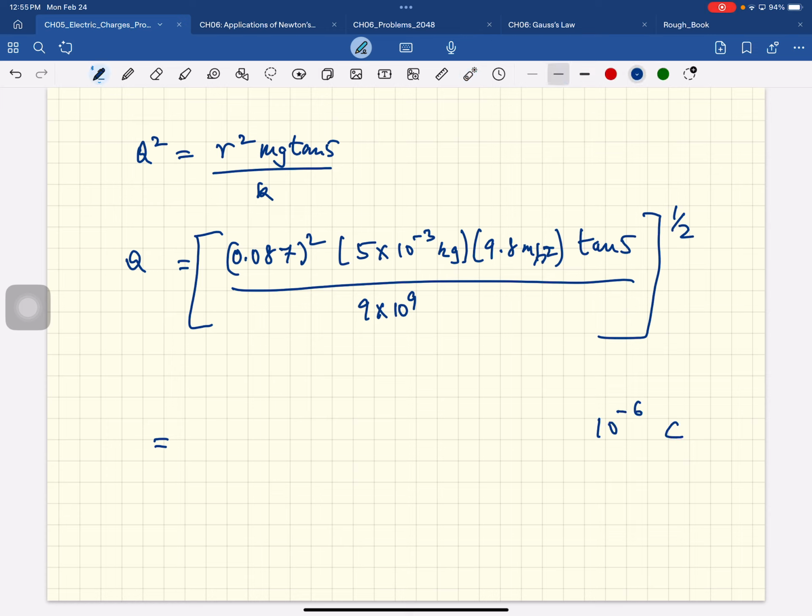The units of the charge are coulombs. I'll bring that out as well. So 0.087. And then what we have left is 5 times 9.8 times tan phi divided by 9 to the power half. Okay, so let's figure this out.